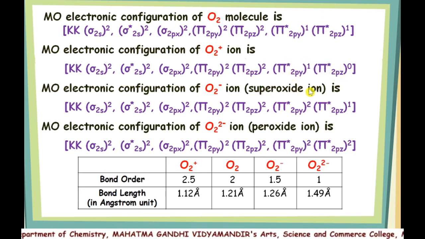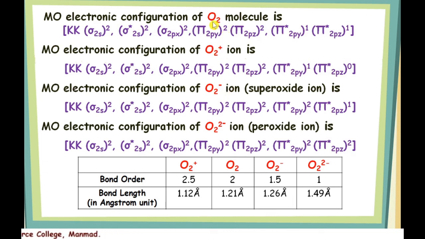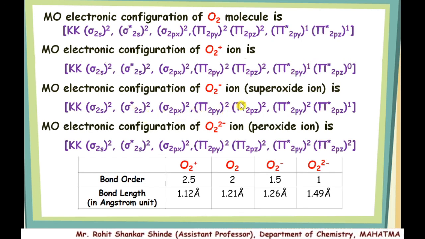In case of the superoxide ion, that is the O2 minus ion, it has one electron more than the O2 molecule. So its electronic configuration can be written as KK sigma 2s2 sigma star 2s2 sigma 2px2 pi 2py2 pi 2pz2, and here is the change: pi star 2py2 and pi star 2pz1.